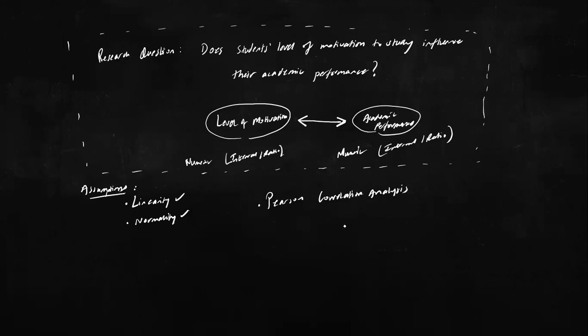So let us now perform the test while also verifying whether those assumptions are met. Let us proceed and look at how we're going to do the test using the SPSS software.